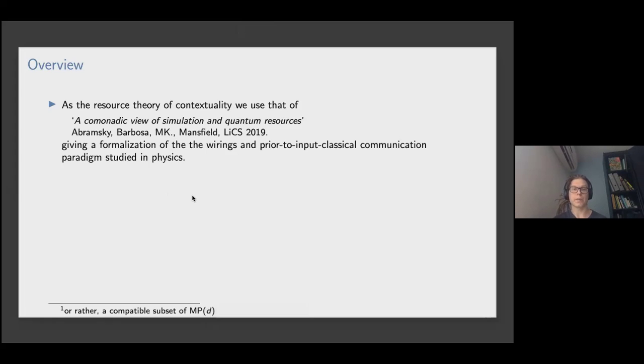And even though the paper is written for people in logic and computer science, so it might look very alien to people working from a more physics background, I still like to think that it is a very careful mathematical formalization of the already known and widely used paradigm of how one can transform correlations to others.